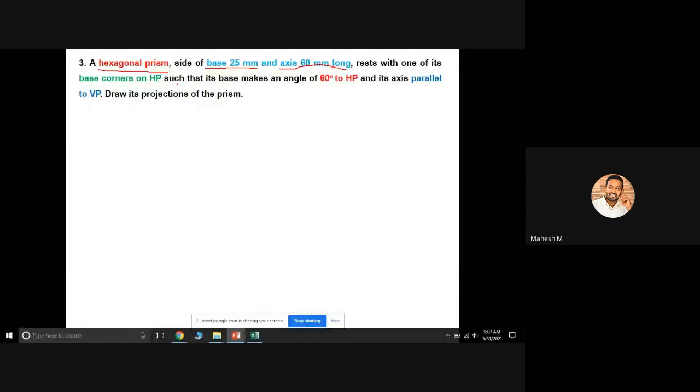Rest with one of its base corner on HP. Okay, rest with one of its base corner on HP. So please tell me whether the hexagon comes in front view or in top view. So top view. Top view. Okay.